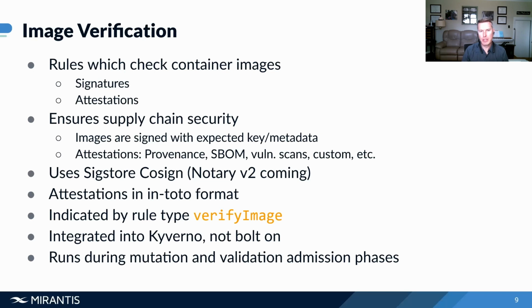But regardless of what the provider is, Kyverno is going to do two potential things. One, it has the ability to look at the signatures that are attached to your image and verify that those signatures are what they should be according to a policy definition. And if you're using attestations, these are things like provenance, software bill of materials, vulnerability scans, or it could be anything custom. Whatever you attach to it, you also have to go through a similar process.